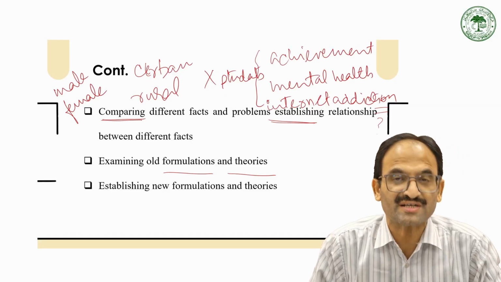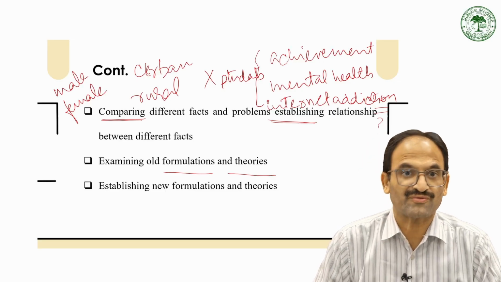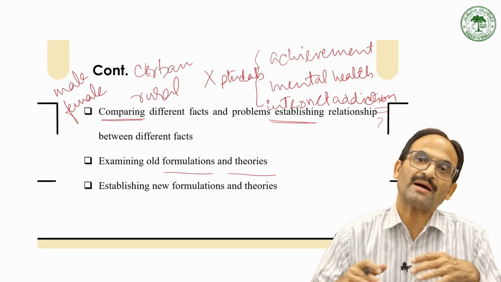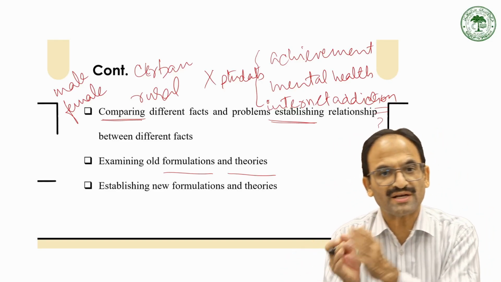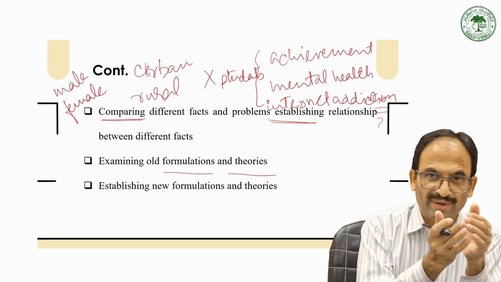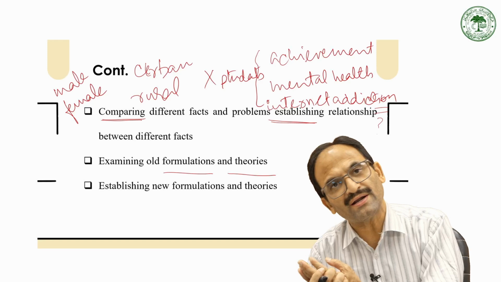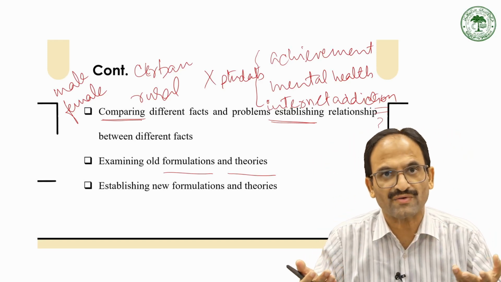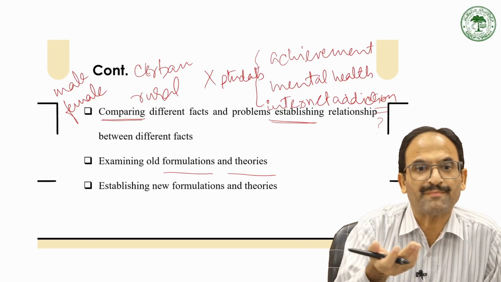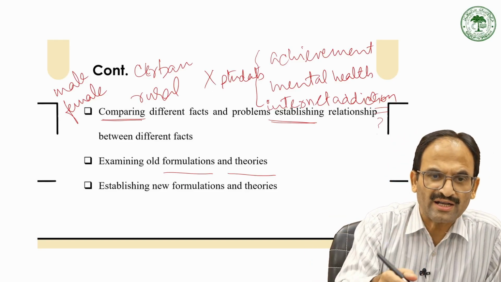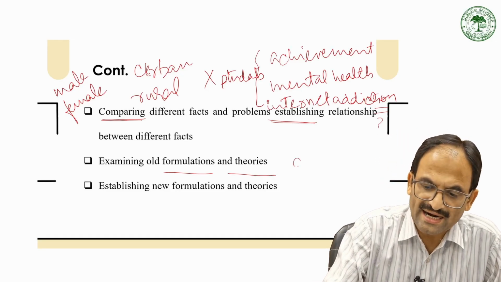On the basis of statistics, that is the collection, classification, tabulation, interpretation, and of course comparing and establishing relationship, we come to some conclusion whether this theory is discarded or has particular relevance, whether old formulations should be continued or discarded, whether the policy made by the government is still effective or not, or whether any change is required. So statistics has this very important scope. And definitely, if old formulations and theories are not working, they are discarded.